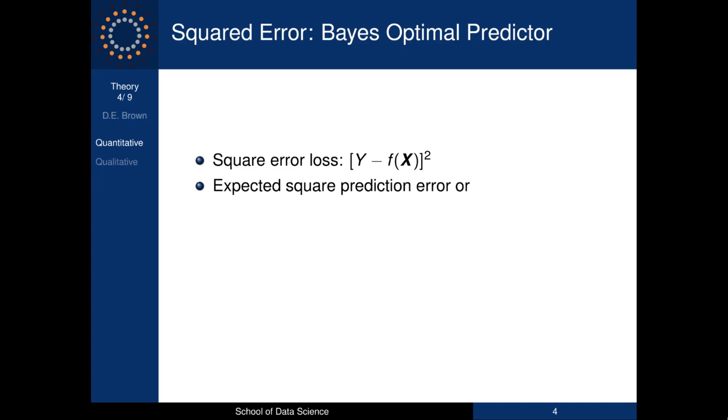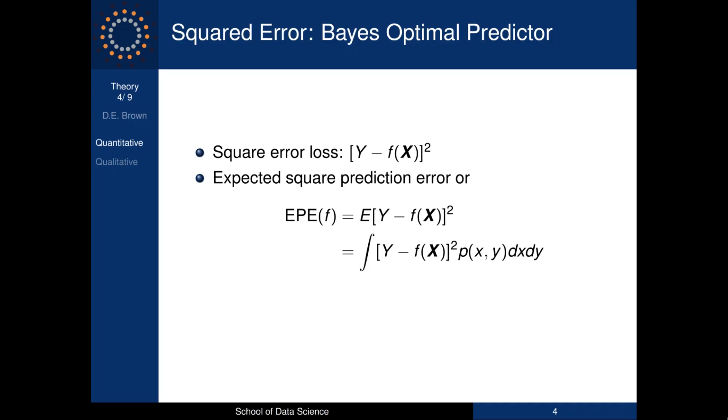We can talk about the expected square prediction error and define that very simply as the expected value of the squared error loss. Or more formally, we will integrate over all values of x and y the score function, this squared difference between the actual value and the predicted value.